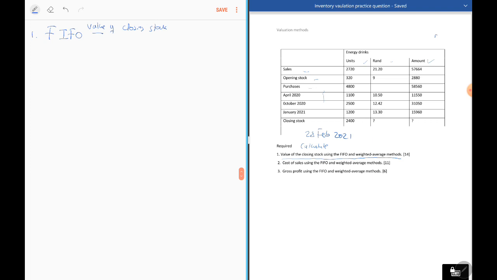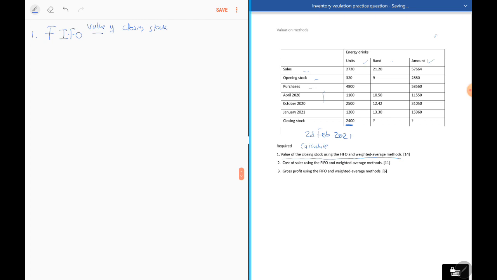With FIFO, the first items that are bought in must be sold, which means the items that remain are the most recent items bought in the business. Already here we have the number of units of closing stock, 2,400. So we know we have 2,400 units remaining, but we must check which months they are from.